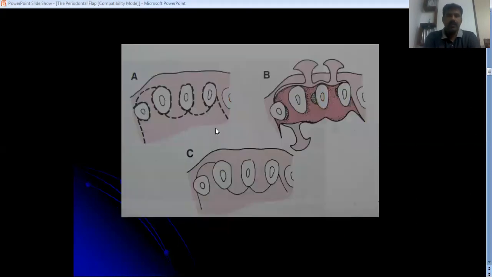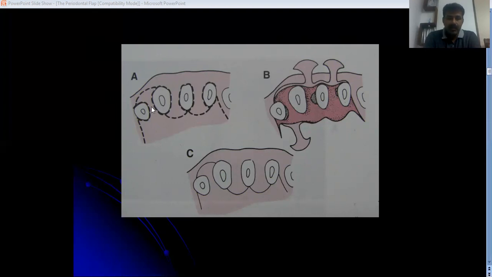Now in a papilla preservation flap, you can see what is happening here. What you do is similar to the other flap: you put crevicular incisions all around the tooth.